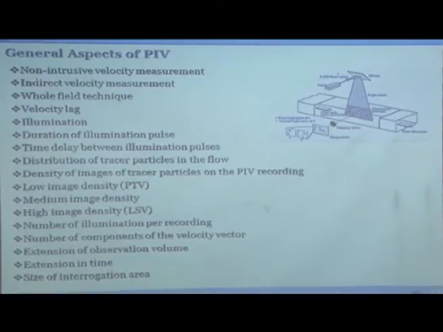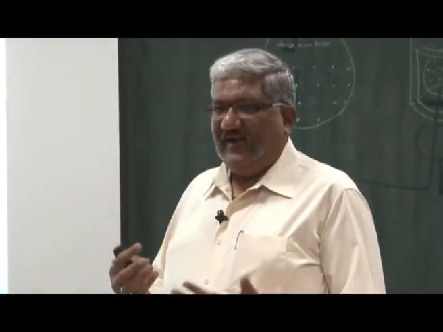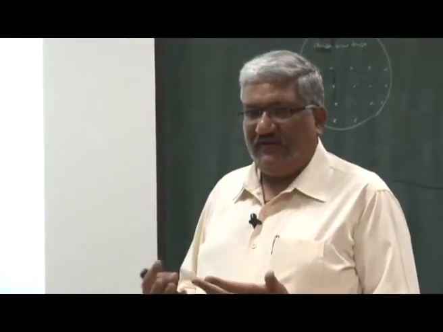Then the other general aspect is that it is an indirect velocity measurement. What does that mean? It means that you are not actually measuring the airflow velocity, you are actually measuring the velocity of particles. And it is not necessary that particles will have the same velocity as that of the flow.